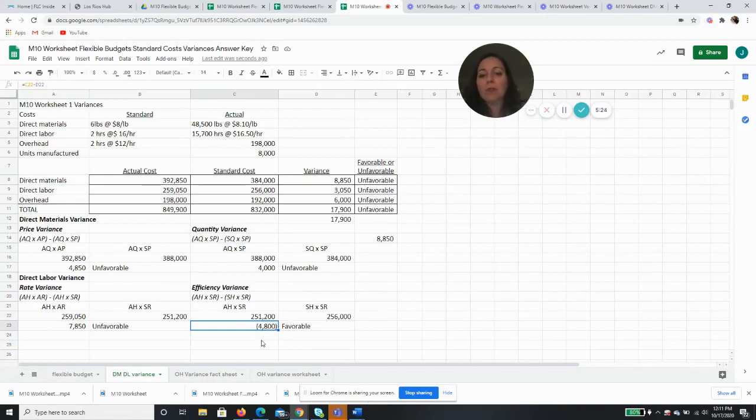We go talk to the production manager and say, hey, how come we're using less than 2 hours per unit? And they tell us maybe it's because we are using more experienced workers. So the rate went up, but the efficiency is better. So we might say, hey, that's a good enough trade-off. We might not. We might say, don't worry about that, try to stick closer to the standards.